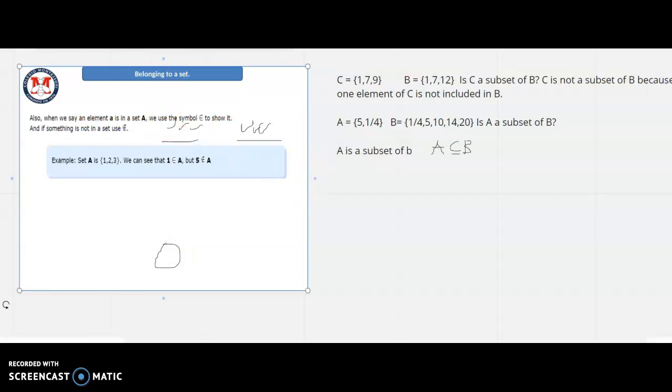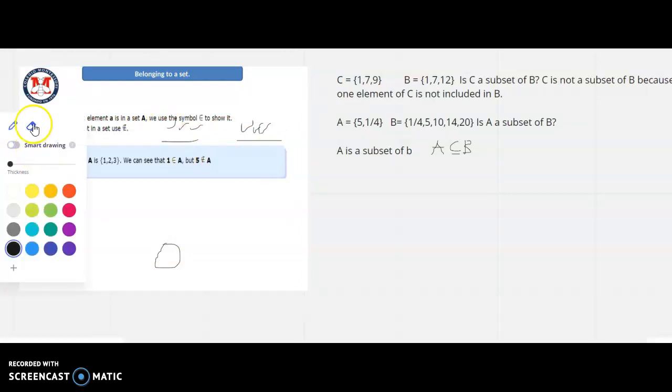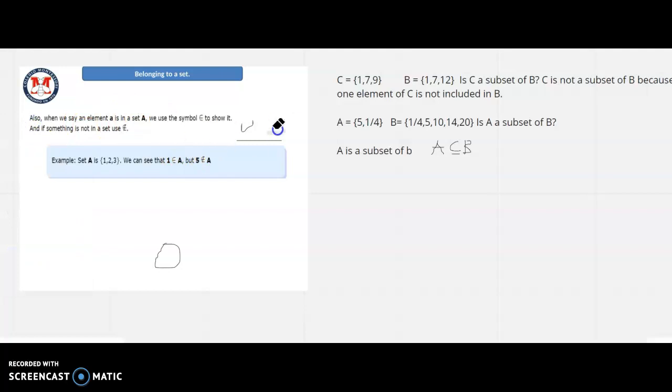Belonging to a set. Okay guys, so also when we say an element is in a set A, we use the symbol belongs. This letter is belongs to show it. And if something is not in a set, we use doesn't belong.